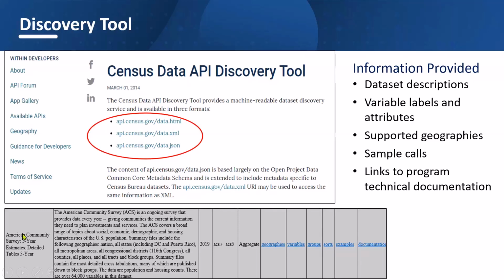So you can see here, I have the American Community Survey 5-year detailed tables here, 2019. You can look at the geographies, you can look at any of the variables and different things, and then you can get examples of API calls that you could easily use, paste them into another browser.